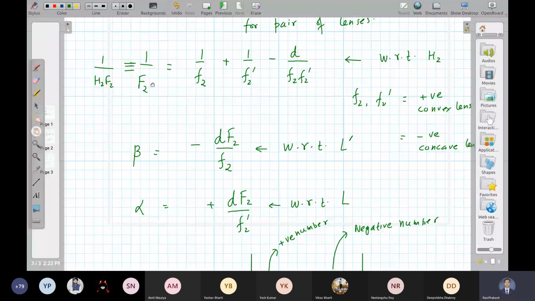Or you know by your experience that both the focal lengths are same in a particular condition.